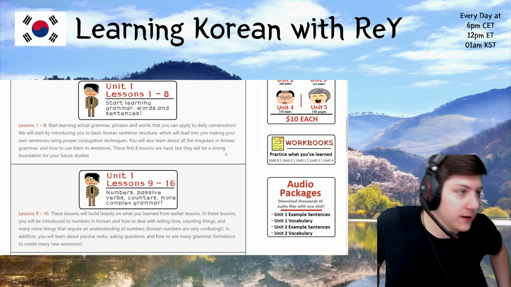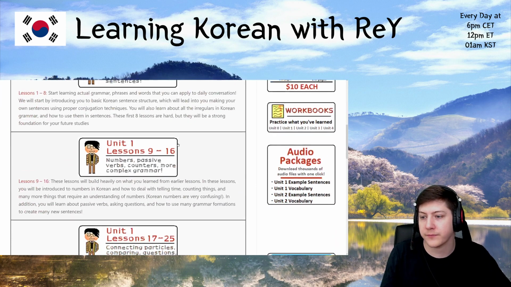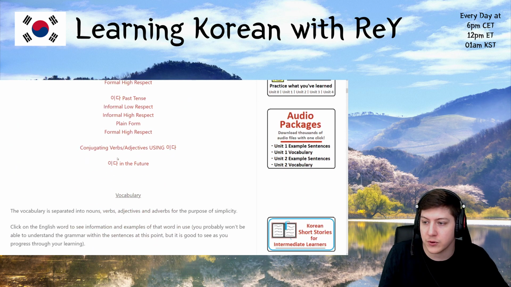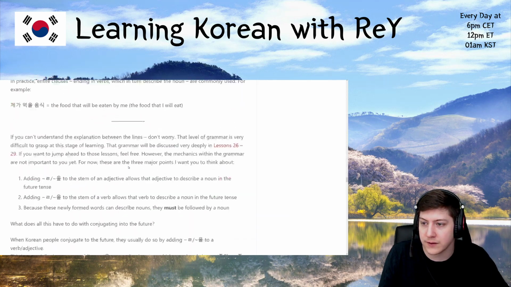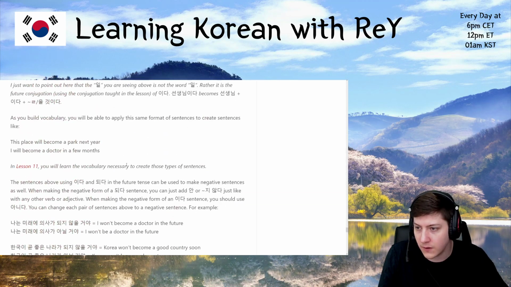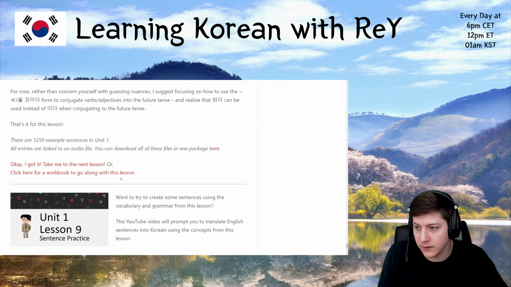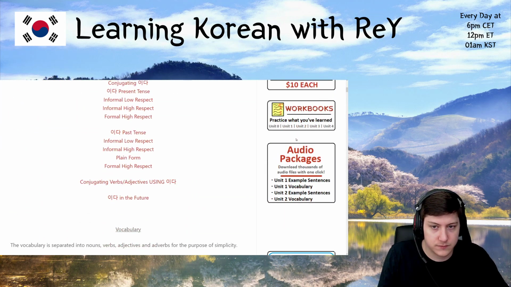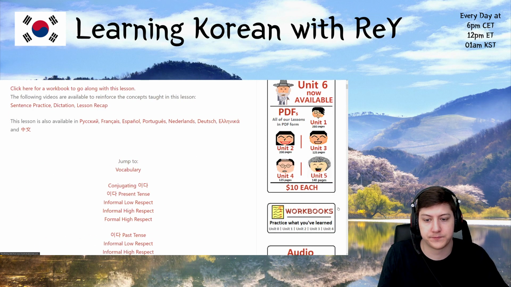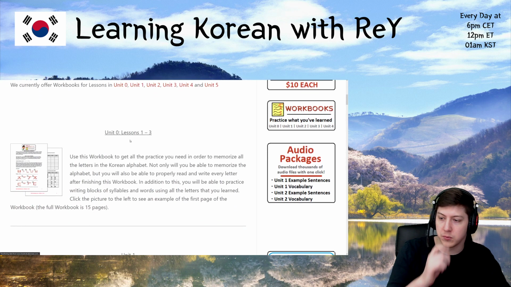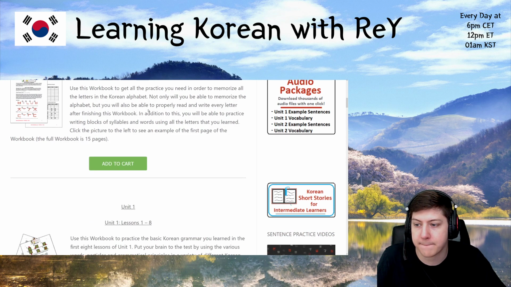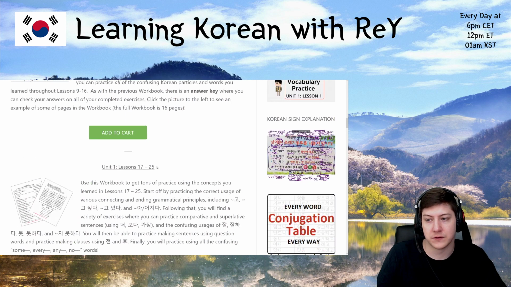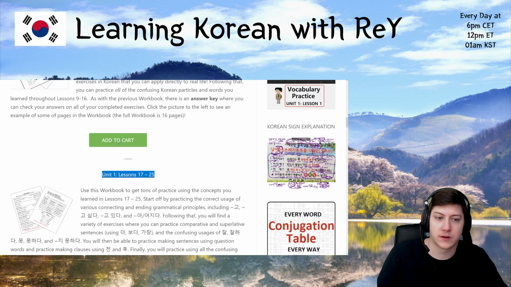Okay, so here we have How to Study Korean, and for every lesson you can purchase a workbook at the end. It's on the right side here at the top. You have different workbooks that are €5 each for like 8 lessons, or here in this case 7 lessons. Here 8 again.